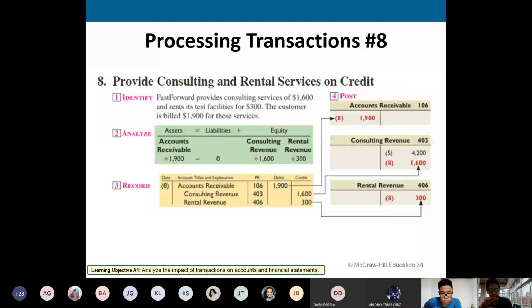Pag tayo naman ang nag-provide na ang sinabi is on account or on credit, ang gagamitin natin, kahit hindi sasabihin ng problem, is accounts receivable. Yeah, get it? Nagets ba? Yes po. Okay.